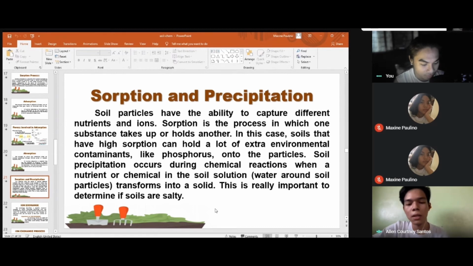This hydration sphere is a collection of water molecules that are physically attracted to the ion because of its charge. We know that water is bipolar, and it means that it has positive and negative charge. So it can attract the ion.